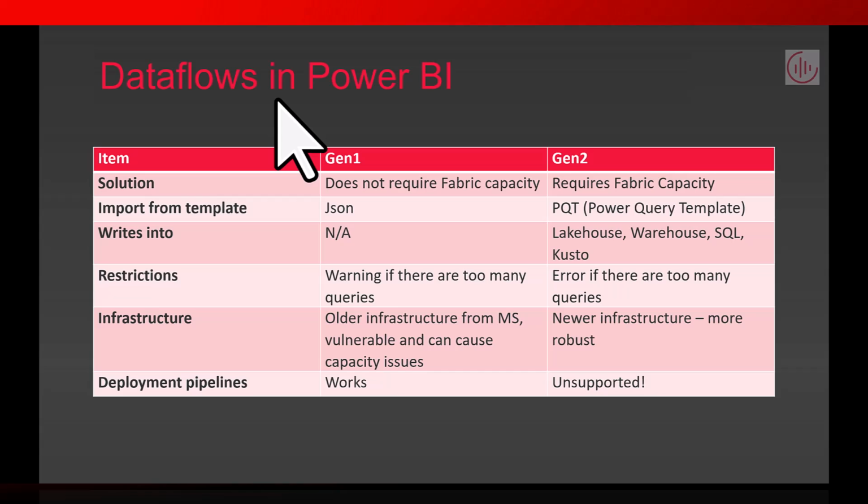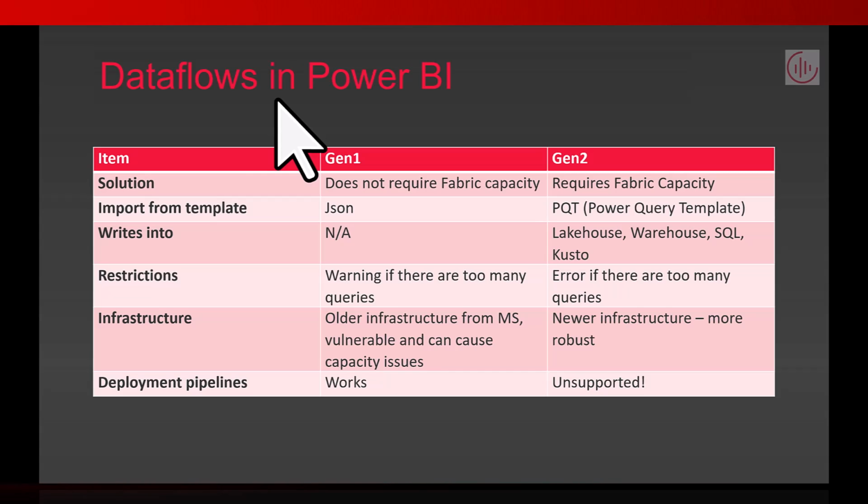Whilst our data flow was waiting for Microsoft capacity to do what it should be doing, it was actually showing as running on our capacity and burnt through our available capacity and caused some throttling in fact. So the Microsoft suggestion was to move from Gen 1 to Gen 2 to solve that problem.